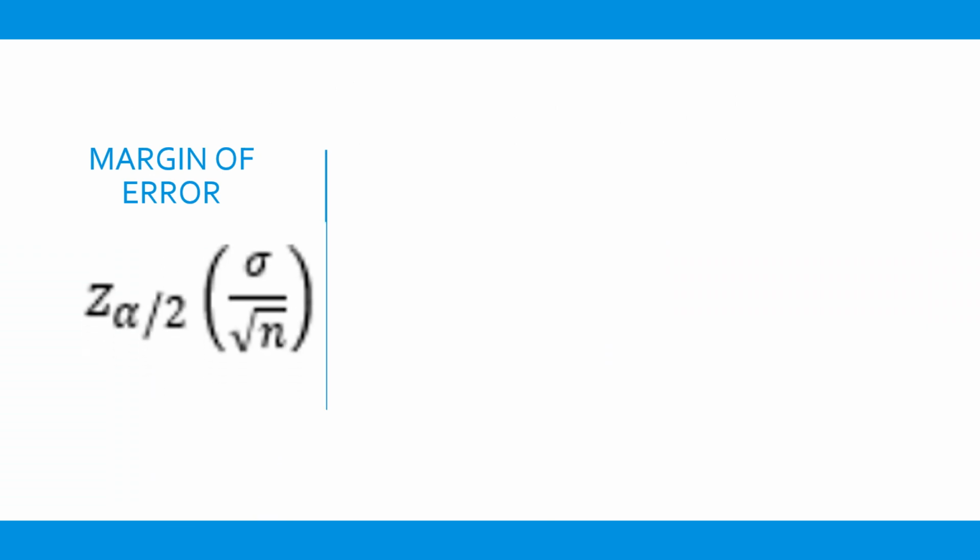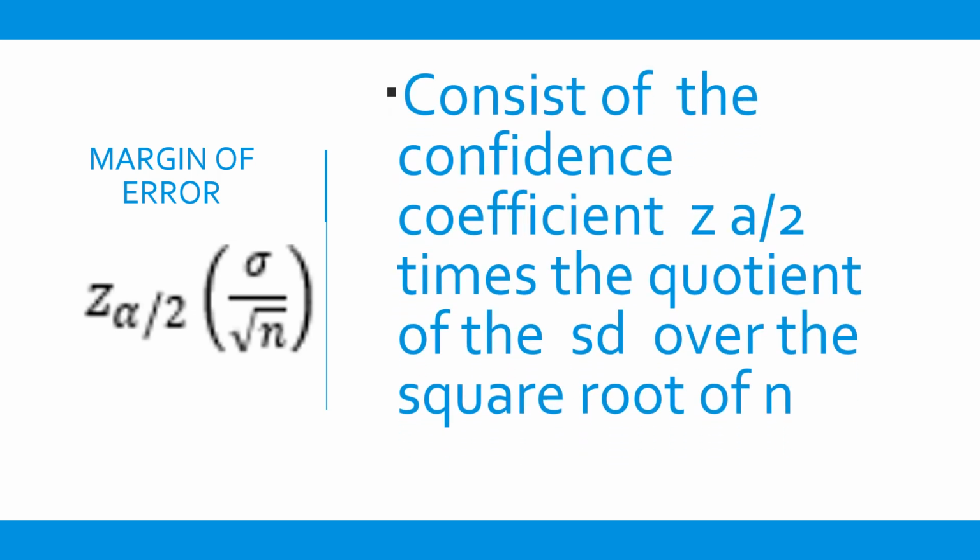Meron tayong tinatawag sa formula na margin of error. So, from Z sub A over 2 multiplied by our sigma or the standard deviation divided by the square root of n, ito yung tinatawag na margin of error. It consists of the confidence coefficient Z sub A over 2 times the quantity of the quotient of the standard deviation over the square root of n.